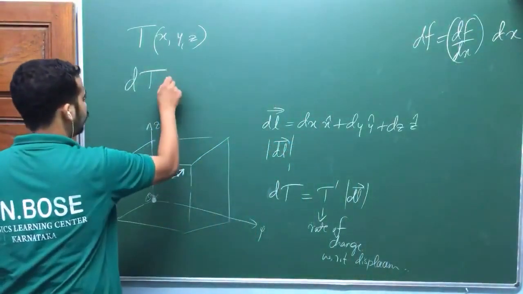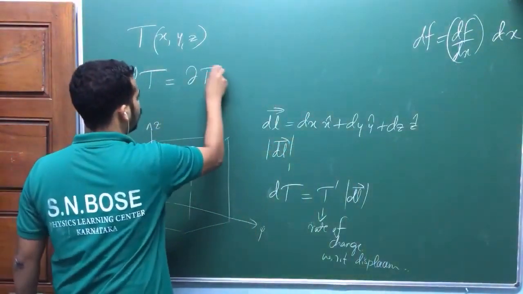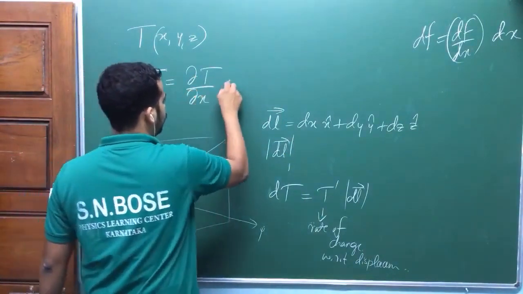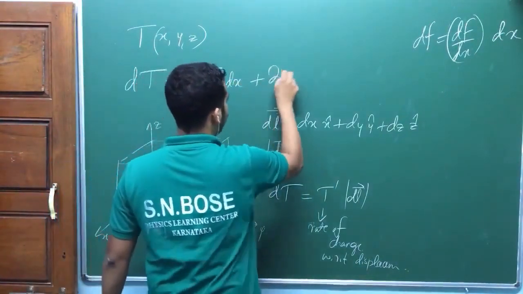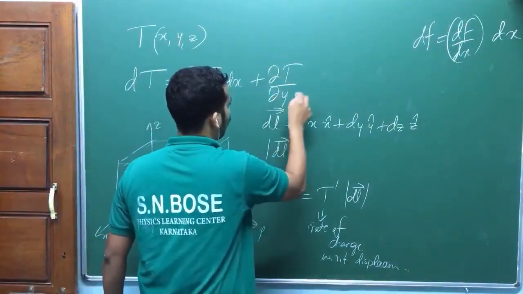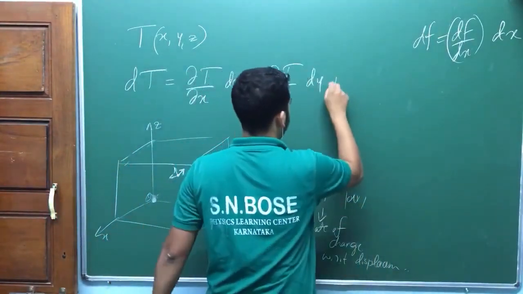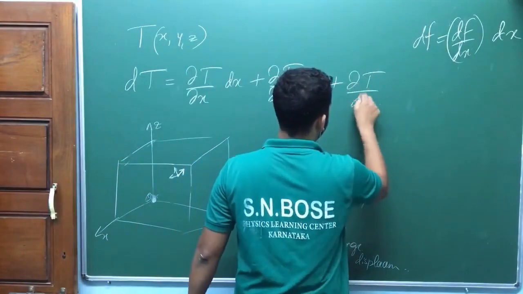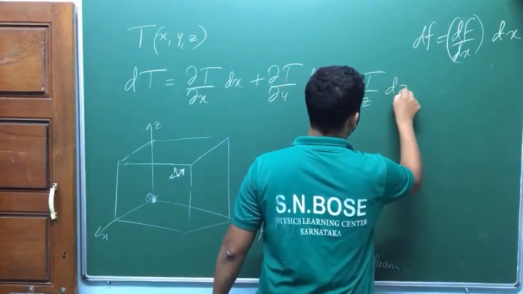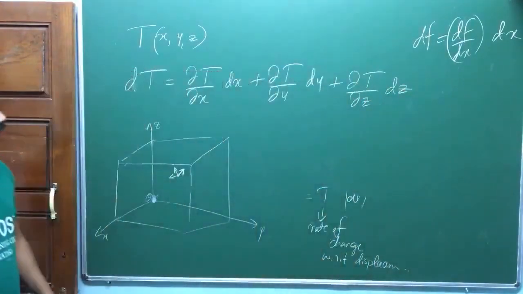Similarly, you can define dt as dou t by dou x into dx plus dou t by dou y into dy plus dou t by dou z into dz, isn't it? You can define like this.